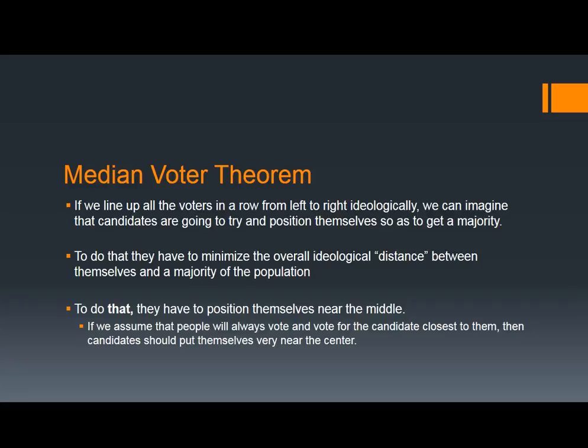So, unsurprisingly, during primary season, candidates tend to be more separated ideologically to the left and to the right, and then once the nominees have been decided upon, the general election season comes into play, and everybody moves to the center in order to capture the national median voter.